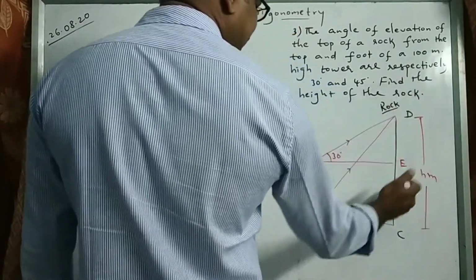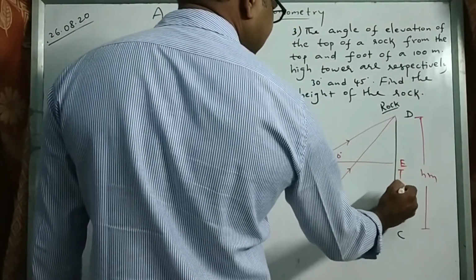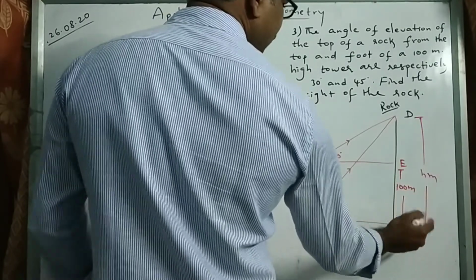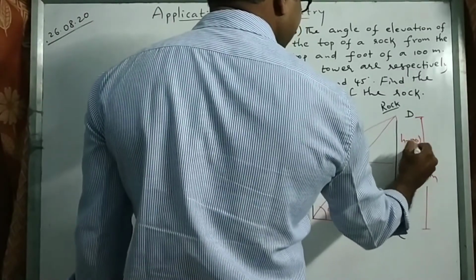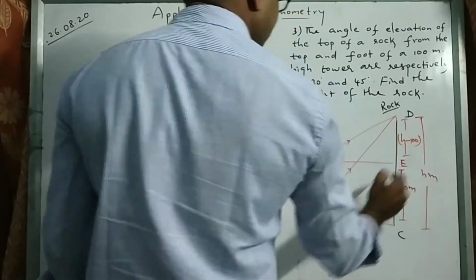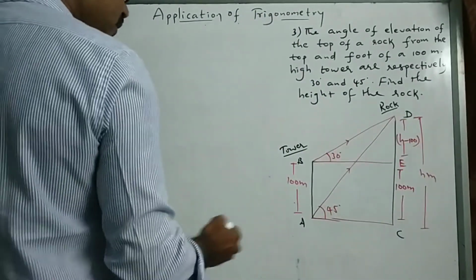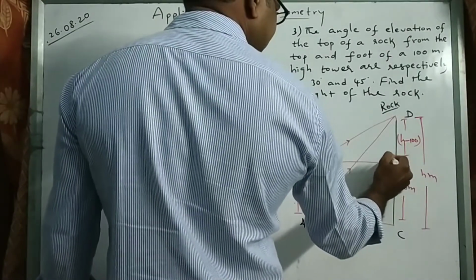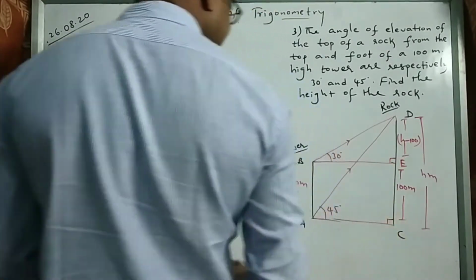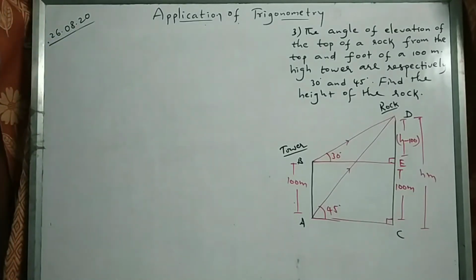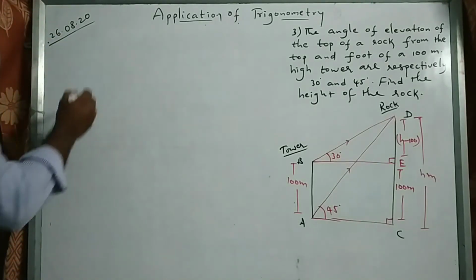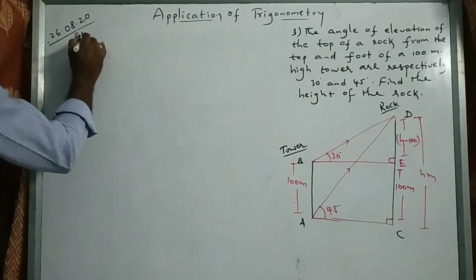Total h, if this is 100, then this is also 100. Total h and this is 100, this will be h minus 100. Okay, so I will find out. So this is 90 degrees and this is also 90 degrees. Again two right triangles are there. Let us calculate. So AB equal to, solution.